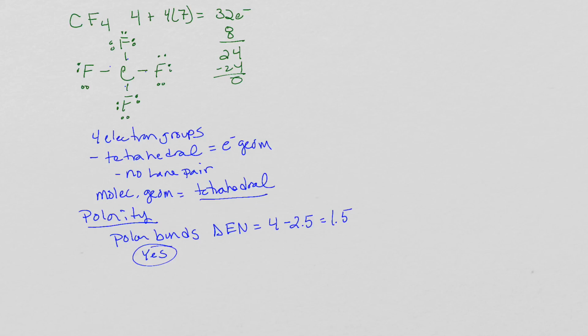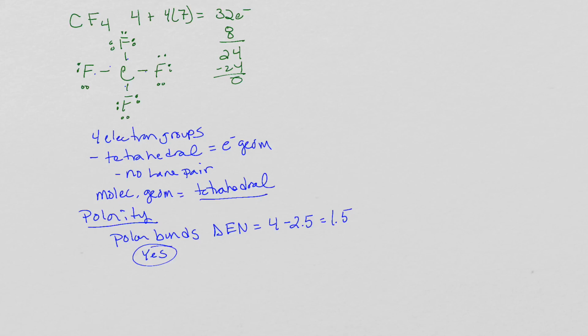Now what about the shape? So a tetrahedral geometry is symmetrical, right? Because it's a base geometry, no lone pairs, so it's by default symmetric. Then we have to say, are all the groups the same? So yes, all four bonds are the same in our symmetric geometry.